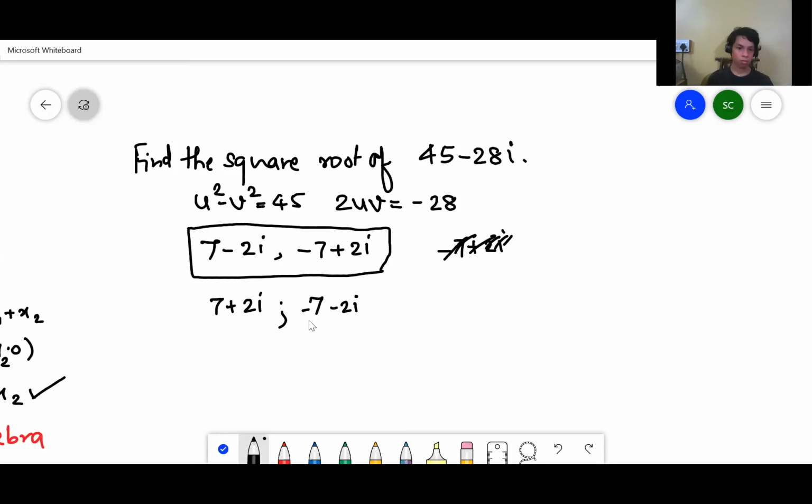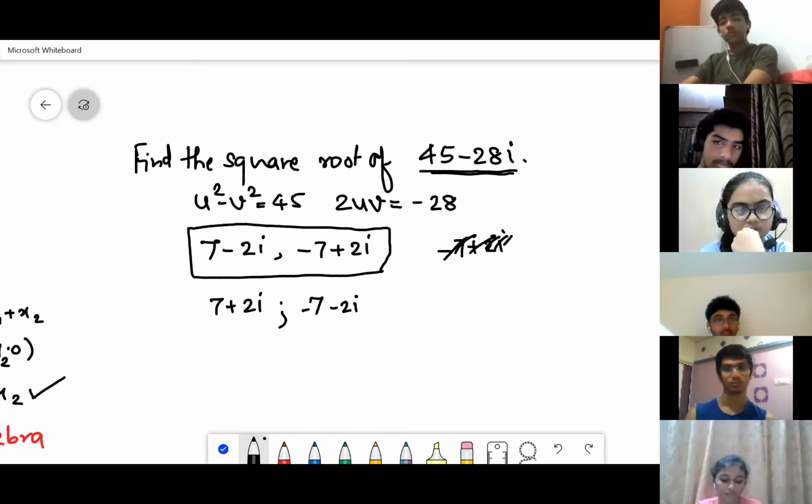So these are not the square roots of this number, because if you check by multiplying them, you will not get this, you will get something different. So that is the correct way of checking which 2 of the 4 answers that you have got are correct.